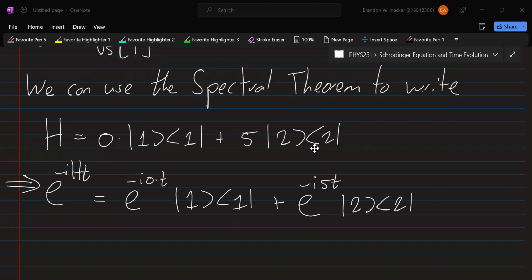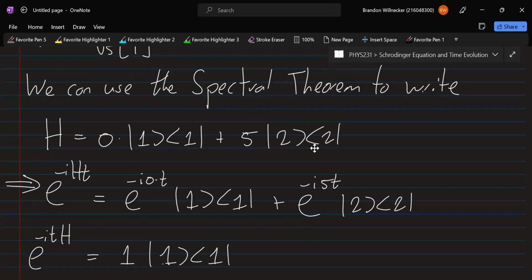Okay, so please write down all your eigenvalues, even if it's 0. Okay, so I hope you see that if you didn't write that 0 there, you might have not written down that term. Okay, so e to the minus iHt is going to be a 1 here, so a 1, and then the first projector plus e to the minus i 5t times the second projector.